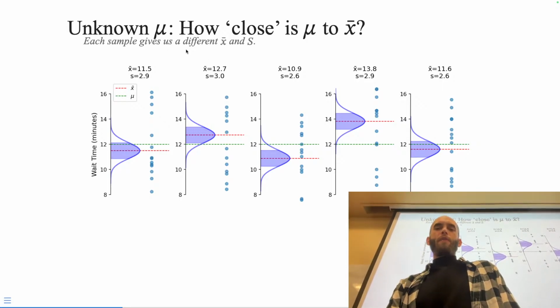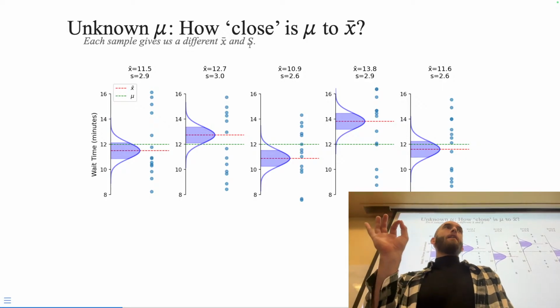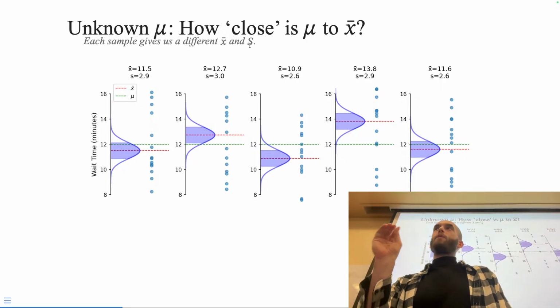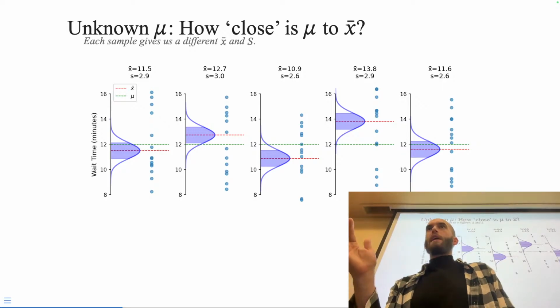This is just another way of showing the thing I just visualized for you before. How close are the sample mean and the true population mean? Each time we randomly draw, we get a different x bar. We also get a different sample standard deviation, which is something we're going to spend most of class time talking about.